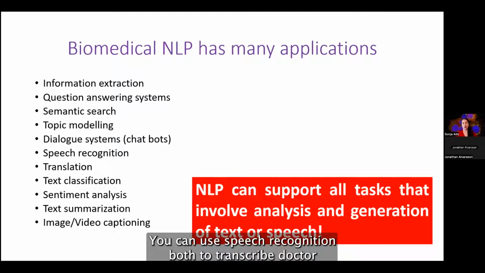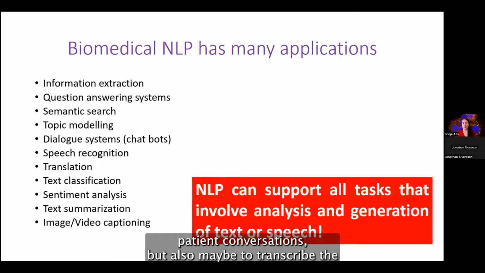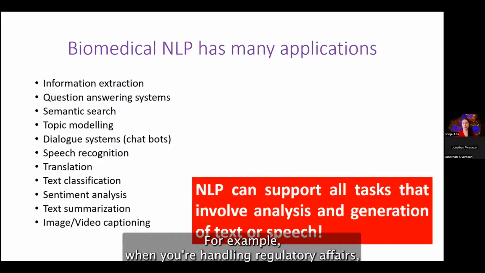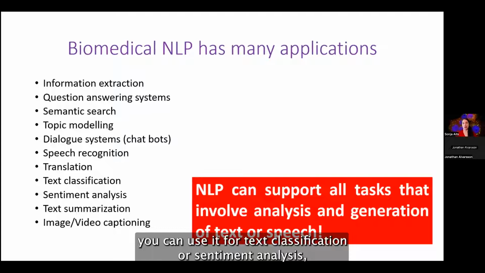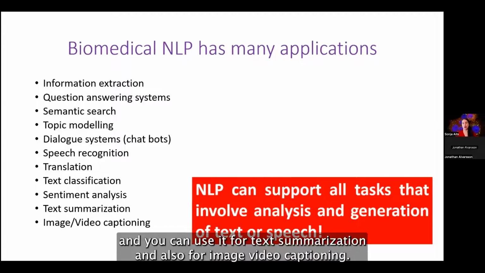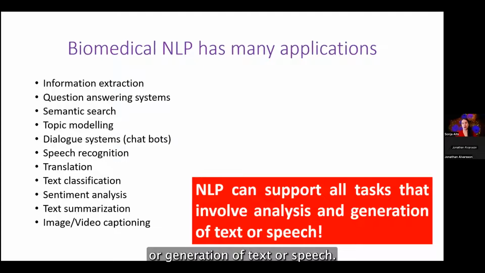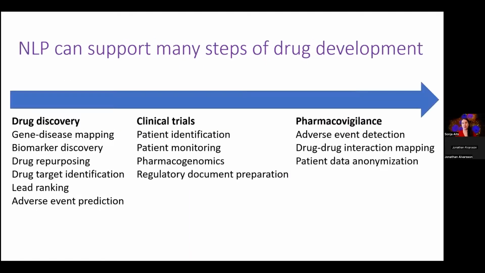You can use speech recognition, both to transcribe doctor-patient conversations, but also maybe to transcribe lab notes that are spoken into a dictaphone. You can use it for translation, for example, when you're handling regulatory affairs. You can use it for text classification or sentiment analysis, and you can use it for text summarization and also for image and video captioning. So basically all types of tasks that involve the analysis or generation of text or speech.